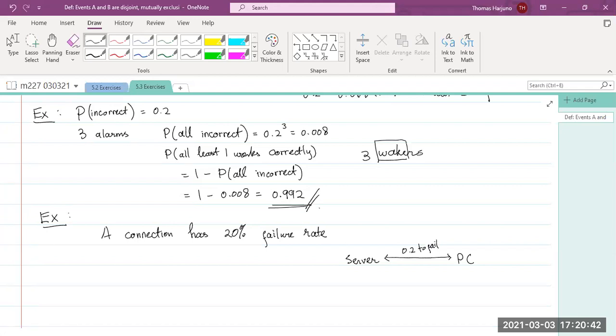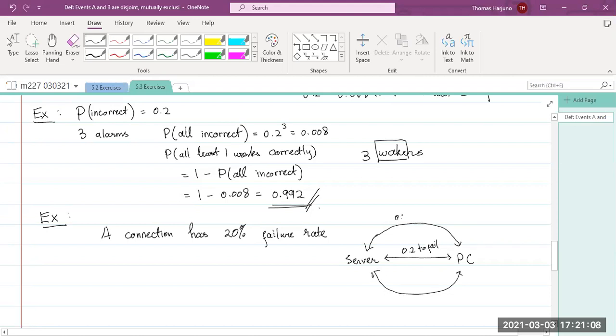Maybe that's an old technology, but still you can make the reliability so high by doing the following. You use the same type of router, but you build another connection. And you build another connection.